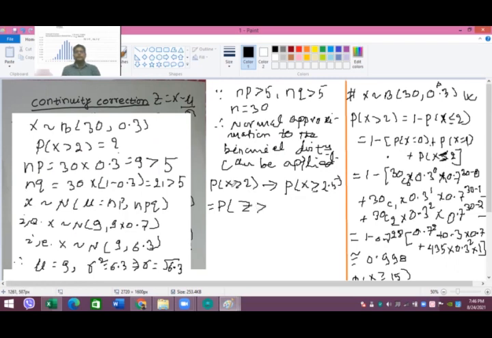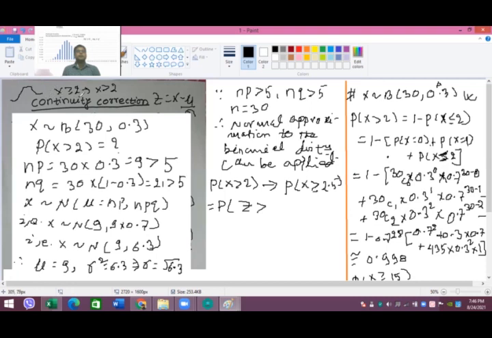x is discrete, so saying greater than or greater or equal to are two different things, but Z is a continuous distribution. In the continuous curve, saying x is greater or equal to 2 and x is greater than 2 have the same meaning, because the area at the boundary point is 0.